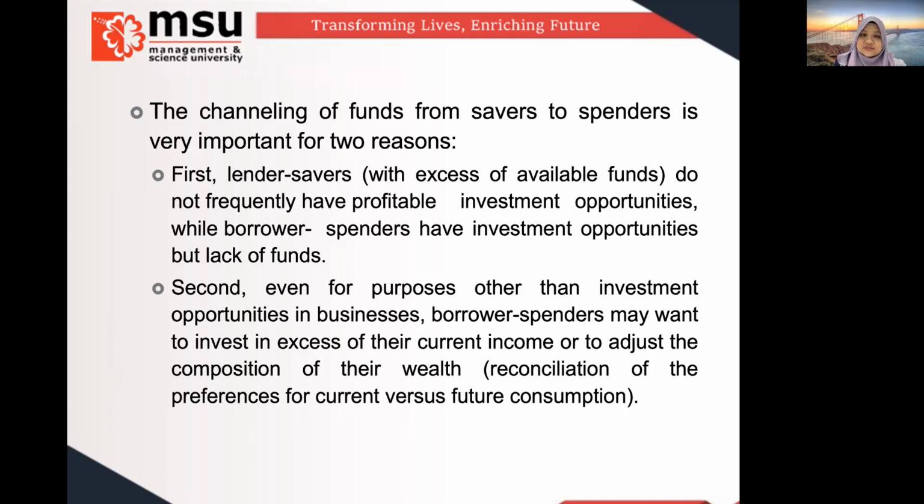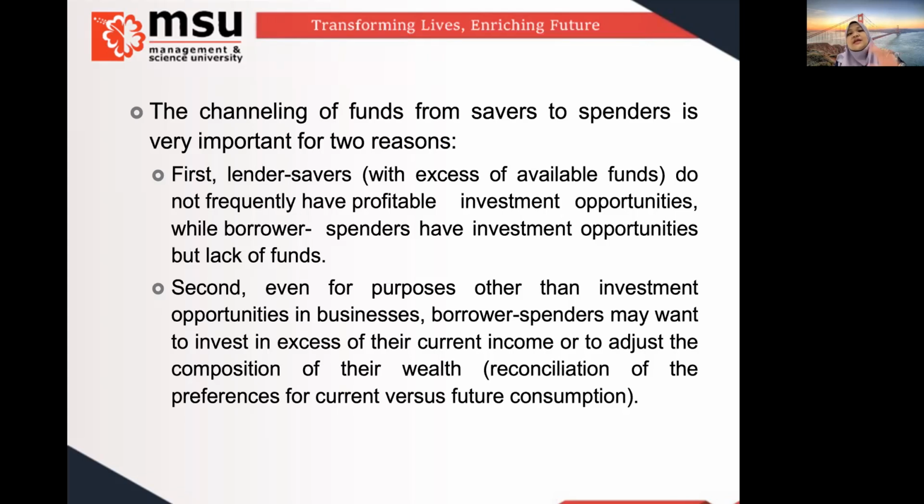So that is the first reason. So the spender wants to spend the money because they believe they know how to generate profits, but they do not have enough capital to generate the profits. So what they do, they will borrow money.